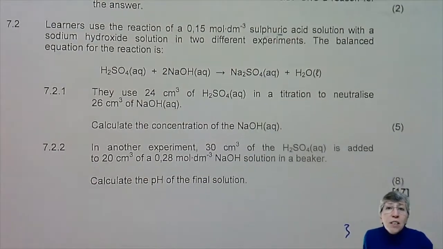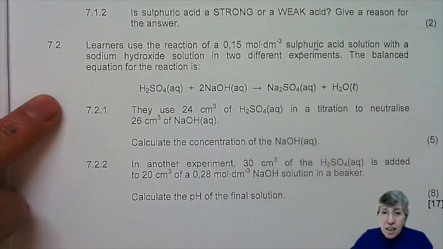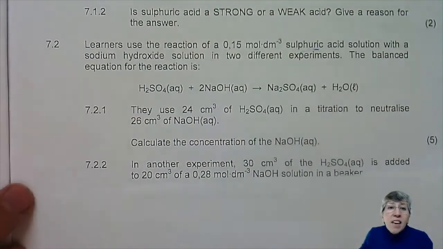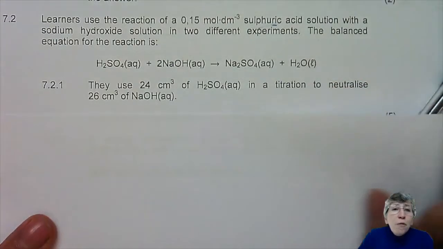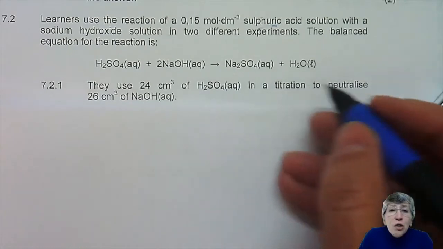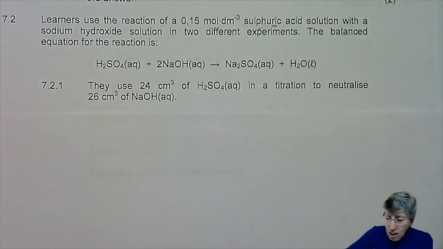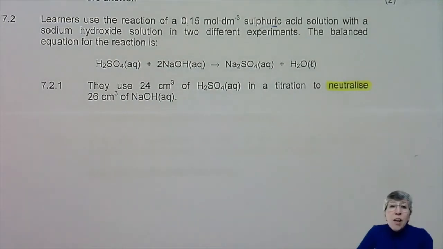Right, two different experiments. The balanced equation for the reaction is given there, right? And they say they use 24 cubic centimeters of the acid in a titration to neutralize. Okay, the moment that they use that word neutralize, what does it tell you? They are in the right ratio, right?